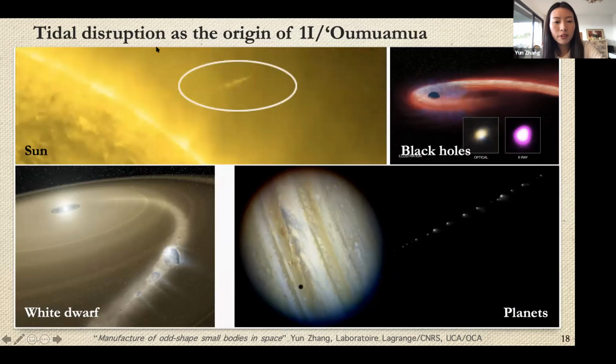Tidal disruption events are actually very common in planetary and stellar systems. Oumuamua's reddish surface actually suggests that it may have come very close to its host star and experienced some strong radiation. Therefore, to resemble its surface features, we consider that its parent body may have experienced a close encounter with its original host star.